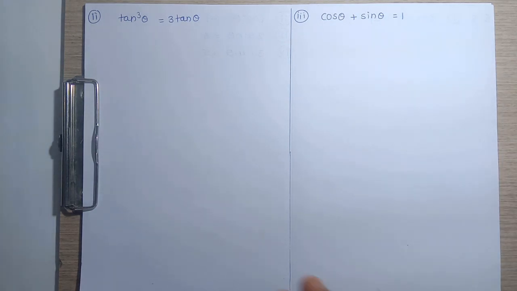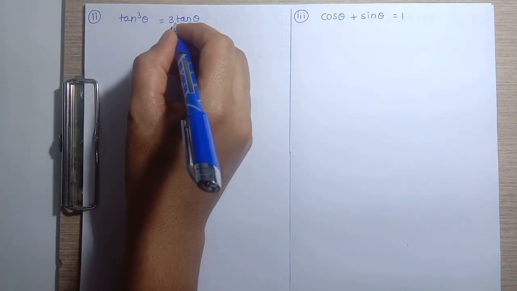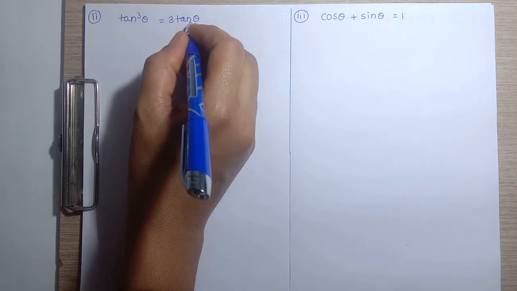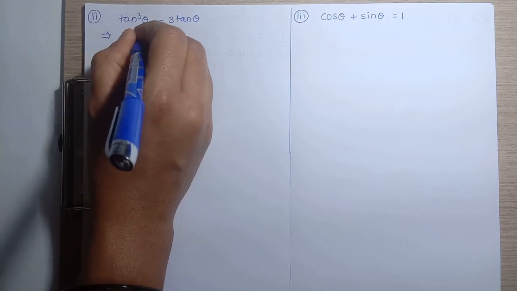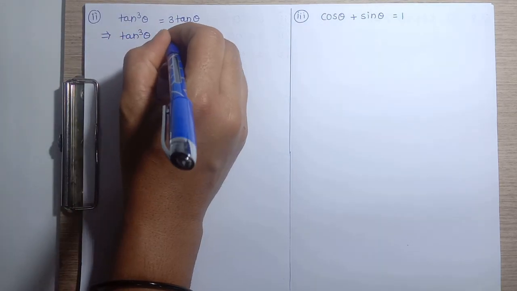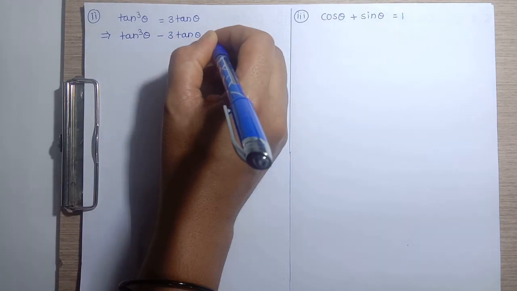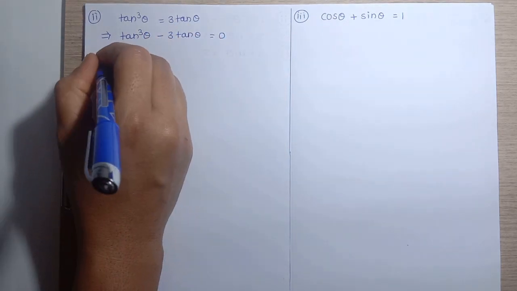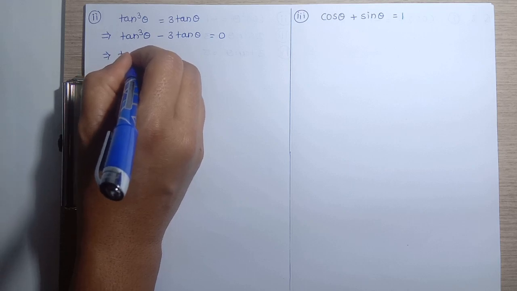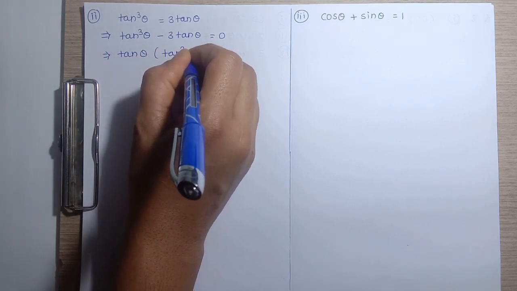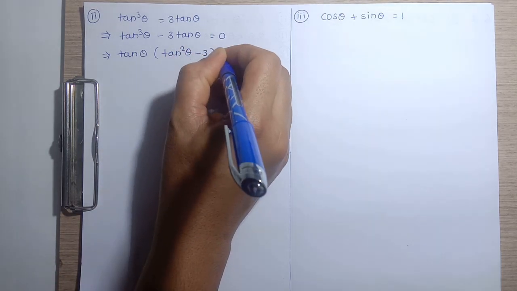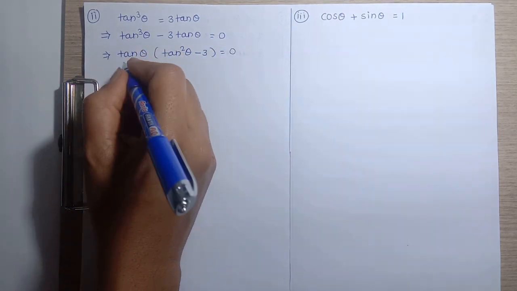The next example is tan cube theta is equal to 3 tan square theta. This can be written as tan cube theta minus 3 tan square theta is equal to 0. If we take tan square theta common, we get in the bracket tan theta minus 3 is equal to 0.